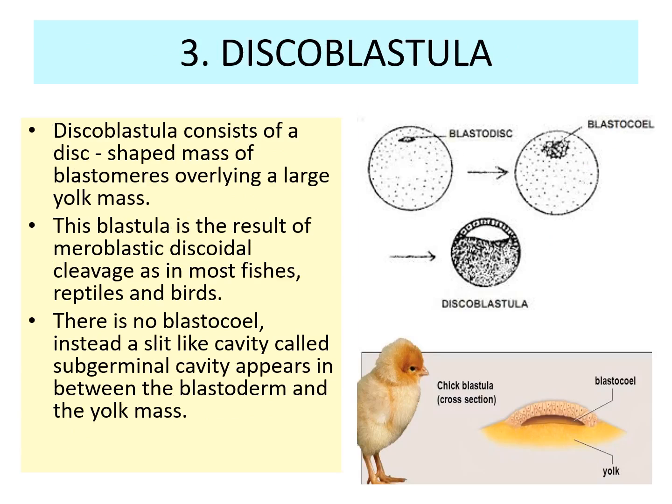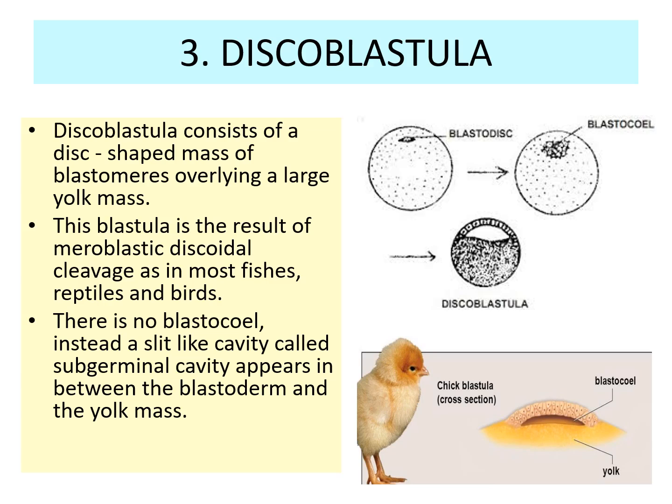Next is discoblastula. Discoblastula consists of a disc-shaped mass of blastomeres overlying a large yolk mass. This blastula is a result of meroblastic discoidal cleavage in most fishes, reptiles, and birds. There is no blastocoel.